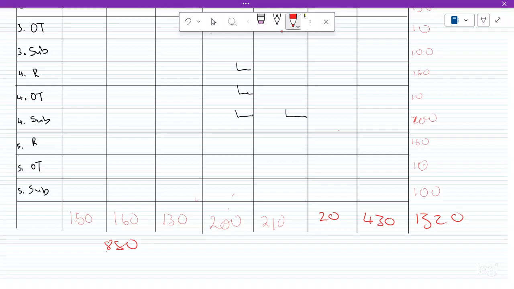So it's all of them plus the 20 I get plus the subcontract. So it's around about 430. Let me confirm it. 850 plus 20 plus 430. Oh no, it's 450. I'm wrong. So it's 450.